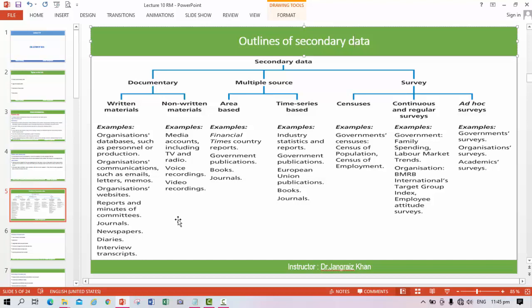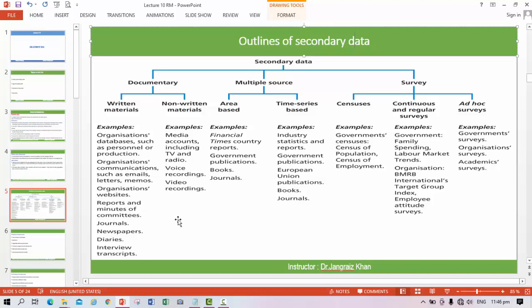Reports and minutes of the committees, journals, newspapers, diaries, interviews, etc., can provide the documentary secondary data. Similarly, the non-written material of the documentary data can be media accounts, including TV and radio, voice recordings, video recordings, etc.